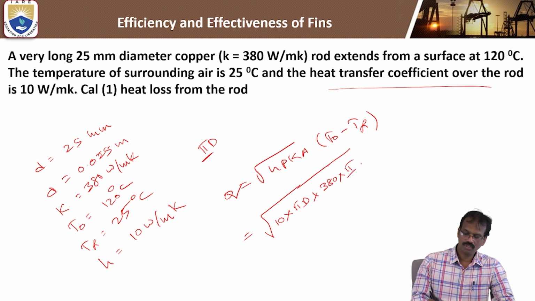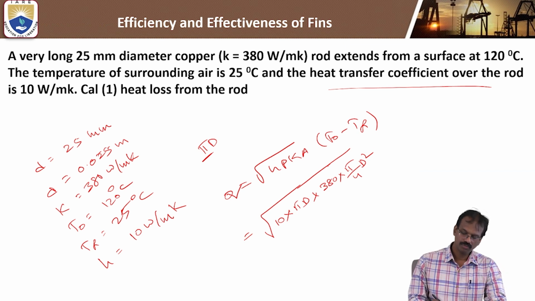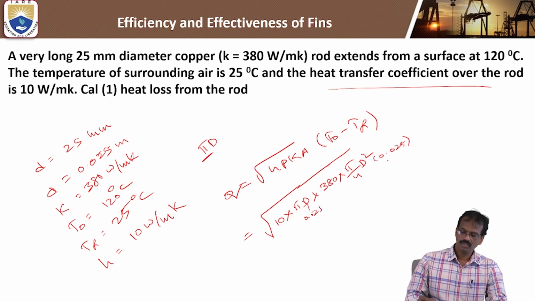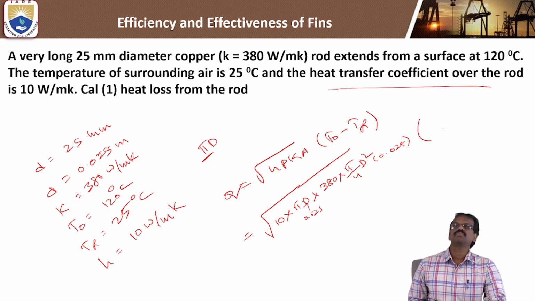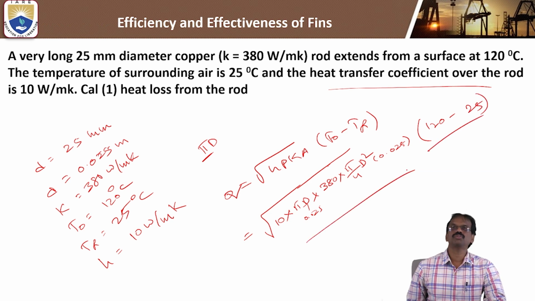Area is equal to pi by 4 d squared. You know the value of D, 0.025, so we can substitute it here and also here, into T naught minus T infinity, where T naught is 120 and T infinity is 25. If you substitute the values, we will get the heat loss. In this way, we can solve the numerical.